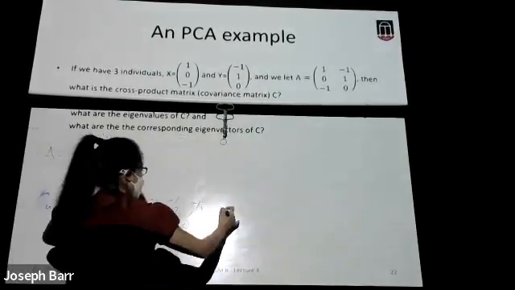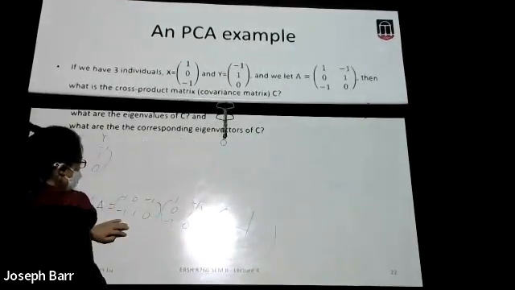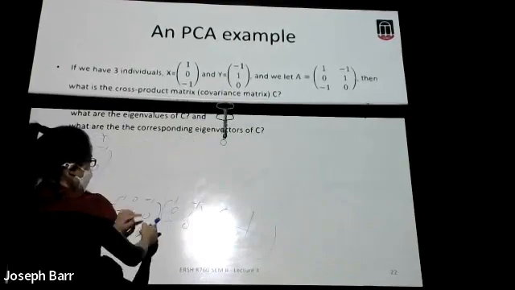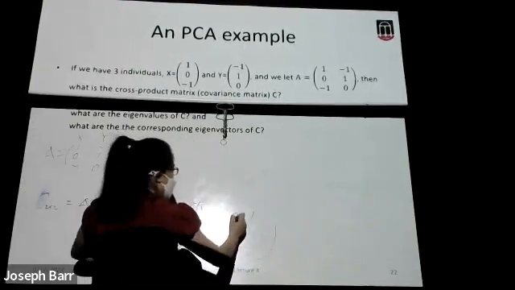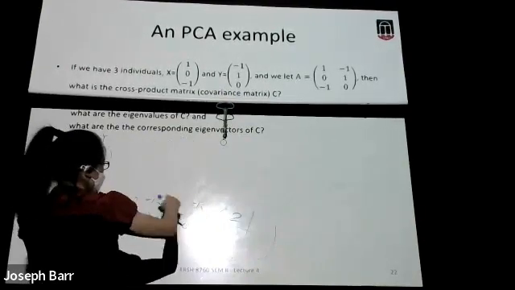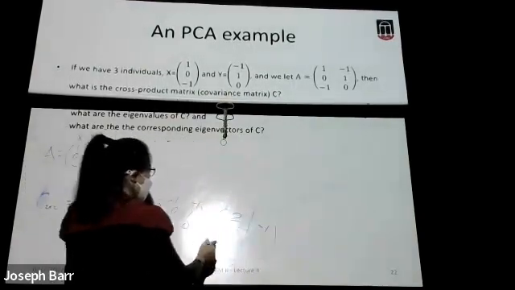So we have 2 by 2, only 4 elements. The first one: 1, 1, 0, 0, 1, 1. Negative 1 becomes 1, and 1 plus 1 is 2 here. The second one is this row and this column: negative 1, 0, and 0, so it's negative 1.